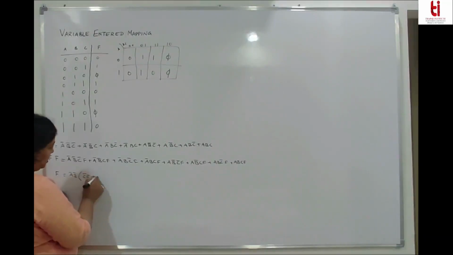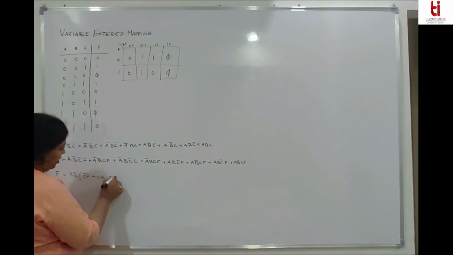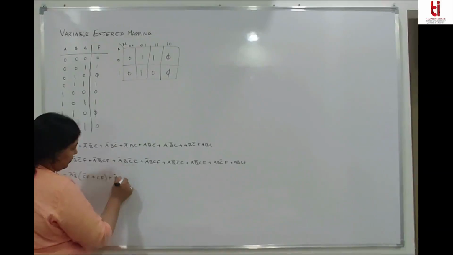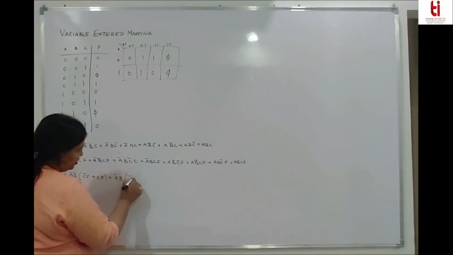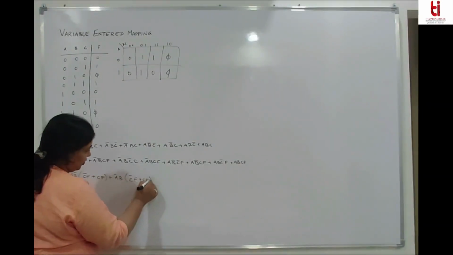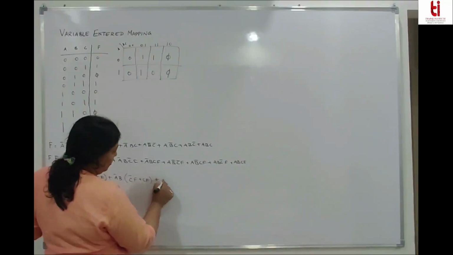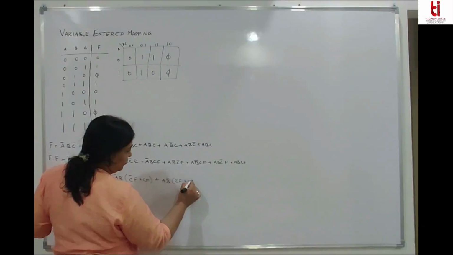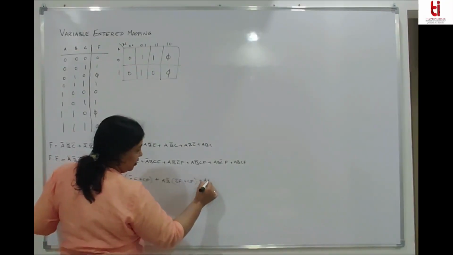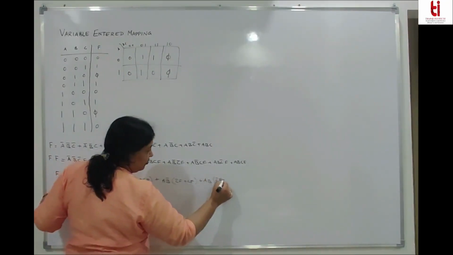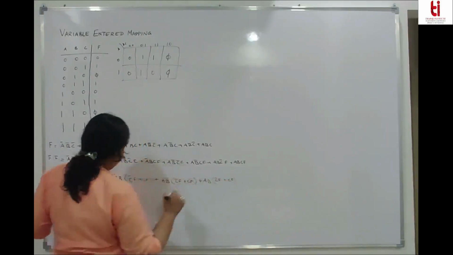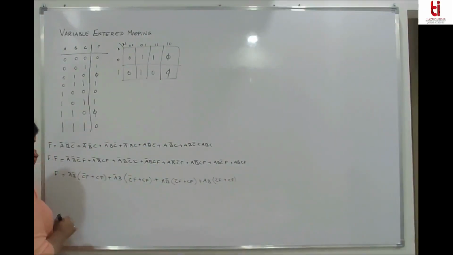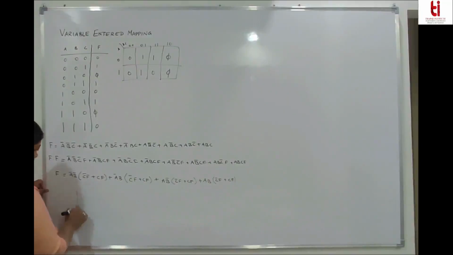This plus CF. A bar B, C bar F plus CF. A bar B bar, C bar F plus CF. And AB, C bar F plus C. Fine. So actually you can have a 2 variable K-map for this.